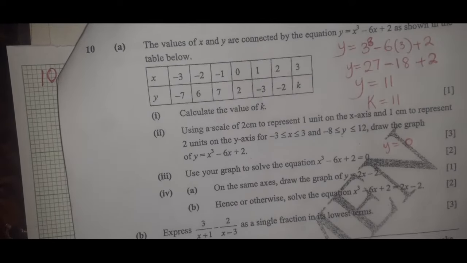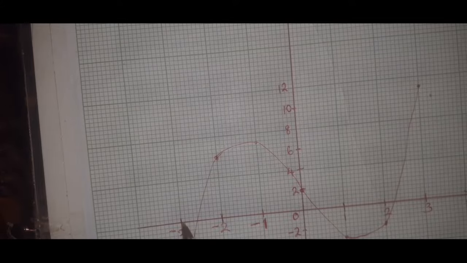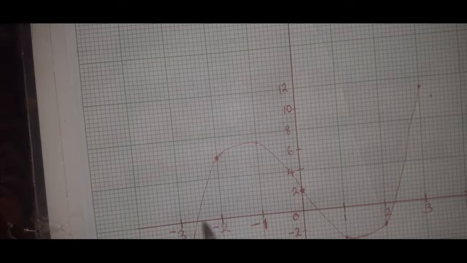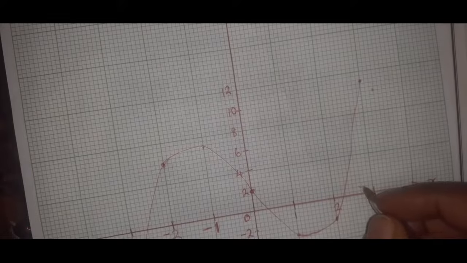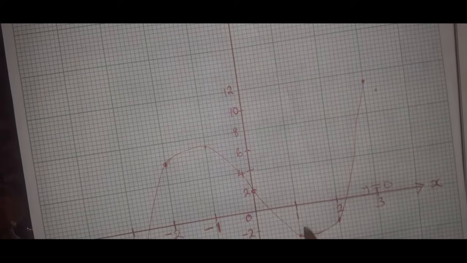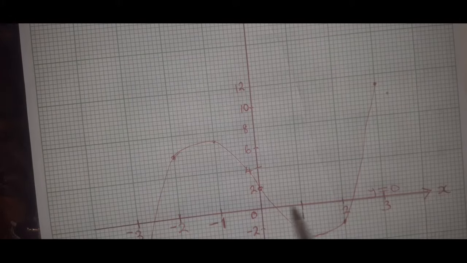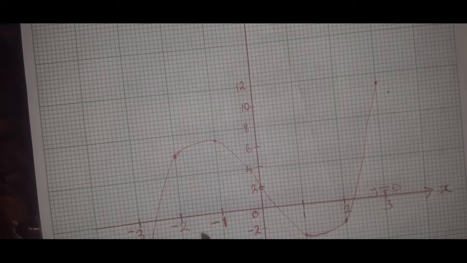That is what we are looking at. Y is equal to 0 along the x-axis. So what are the values of x here now?